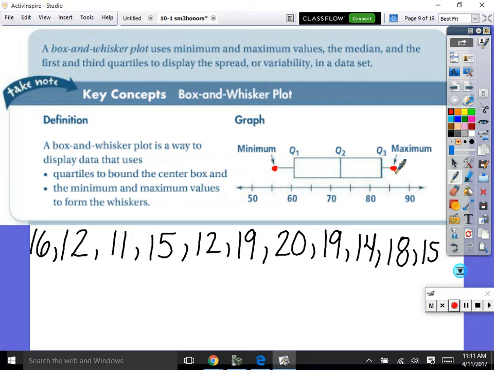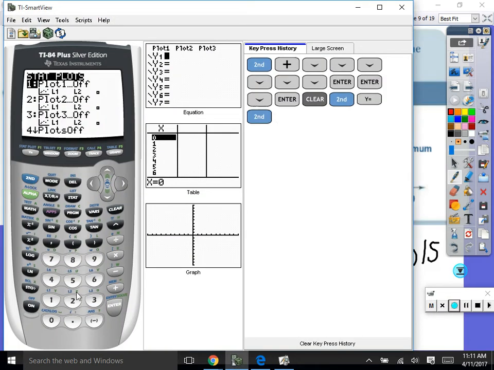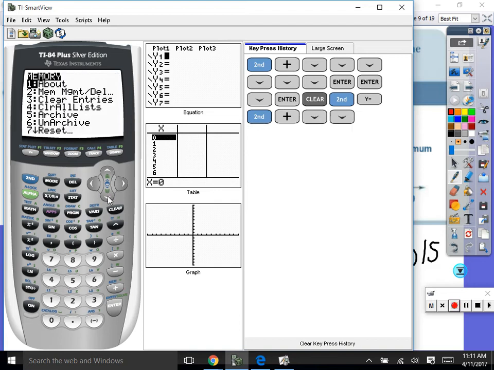All right, I'm going to show you how to use your calculator to do this. We could do this by hand, but let's just use our calculators. Okay, pull up your calculator. Mine was all messed up from the polar coordinates, so I went down and reset it.